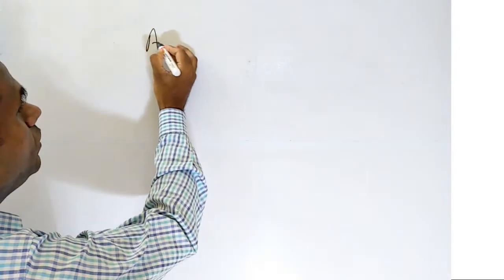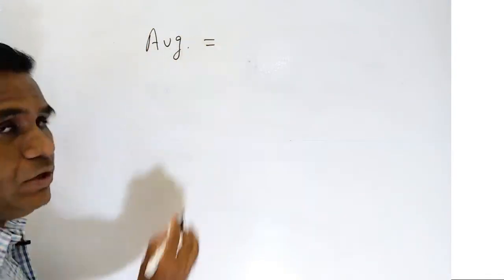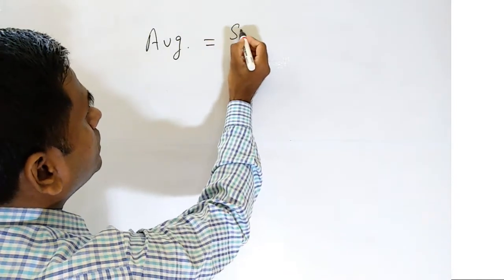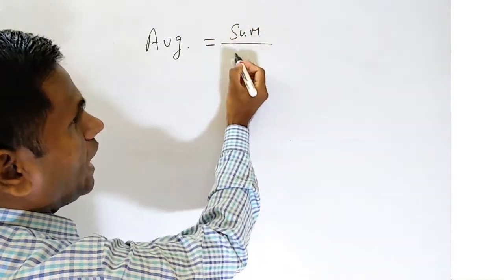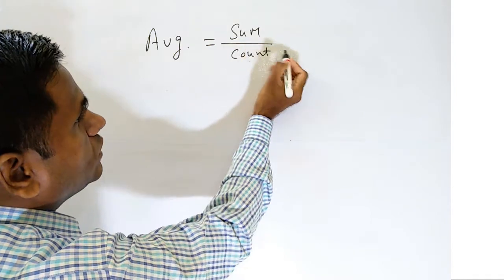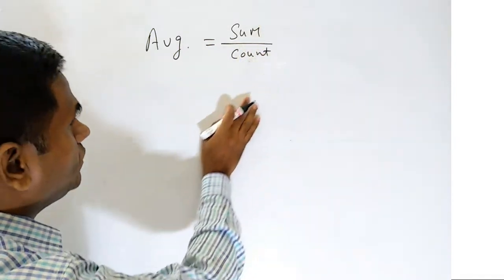So before we solve the problems, let us learn an important concept. This is regarding the formula. We know the formula of average is: average is equal to the sum of the numbers divided by the count of numbers.